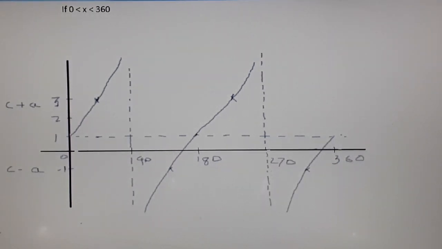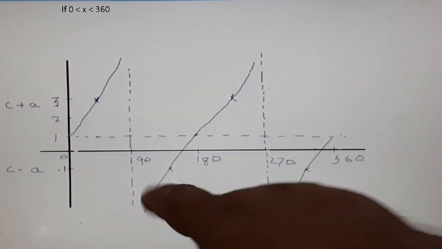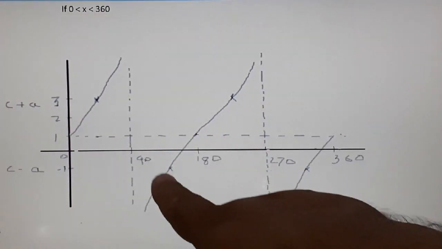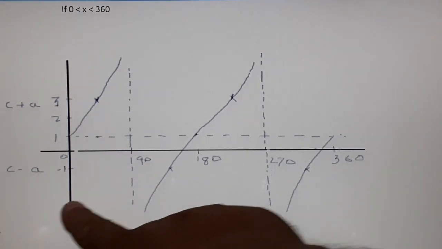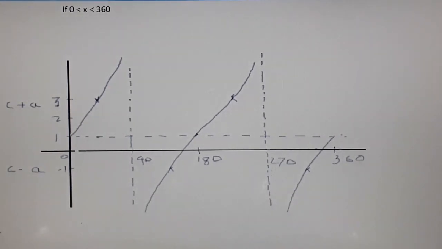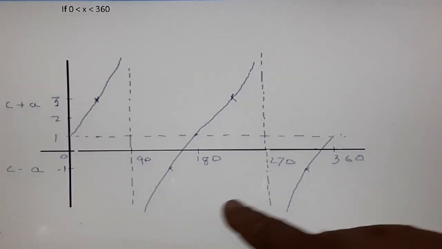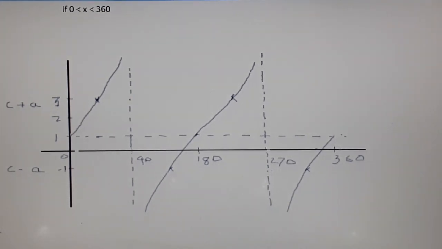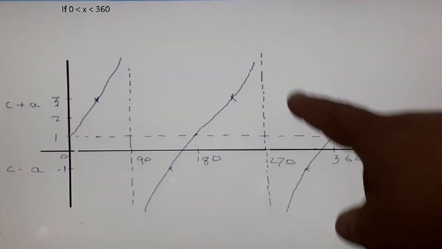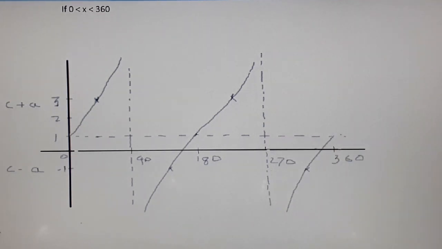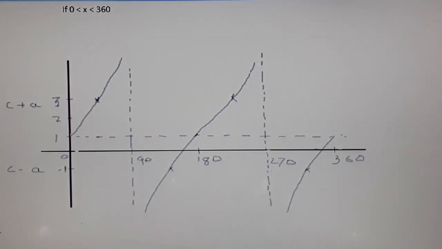Similarly, this part and this part make one cycle. So from 0 to 180 we have one cycle, and from 180 to 360 we will have another cycle. Similarly, from 180 to 360 we will have the asymptote line at the middle value, which is 270.